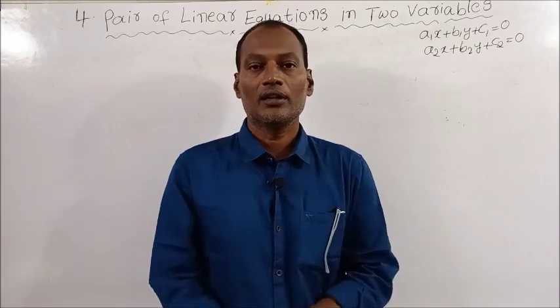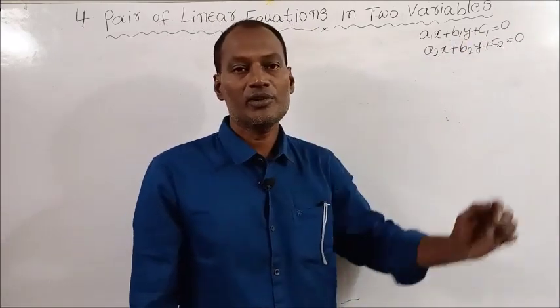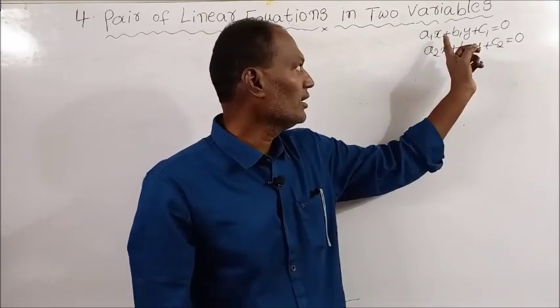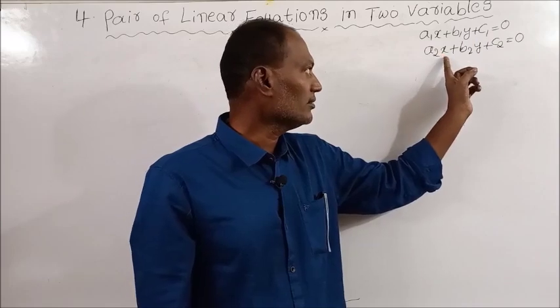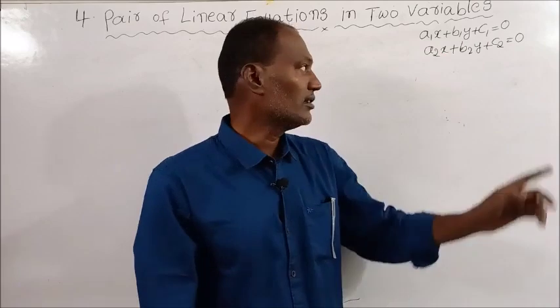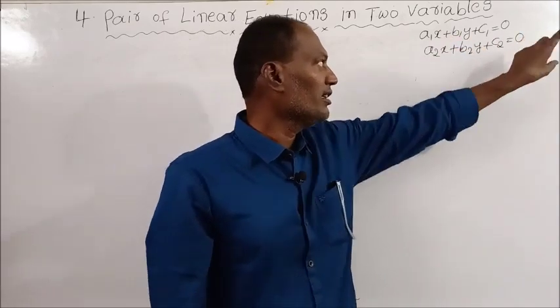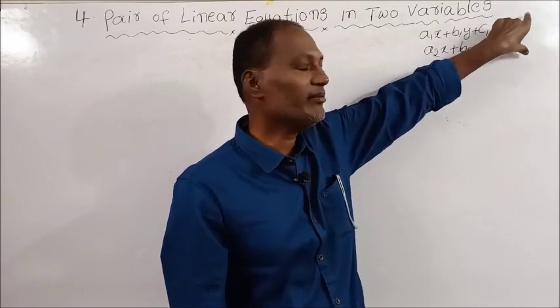These two are a pair of linear equations. The variables in the above equation are x, y, and in this equation also x, y are variables. That's why this is two linear equations. This is one equation, this is two equations. Pair means two.